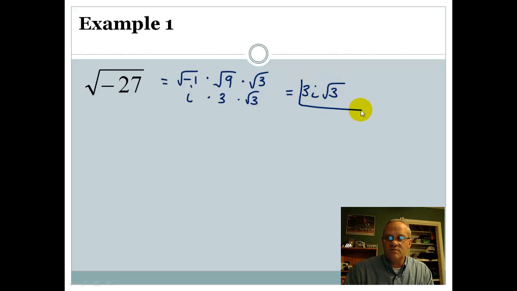That would be the simplified form of square root of negative 27, 3I square root of 3. So we want to simplify everything that we possibly can, including the I and any perfect squares, and whatever else is left over is left over.